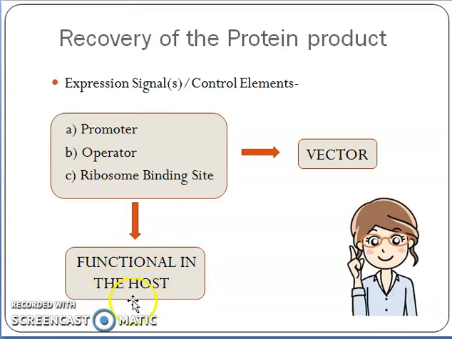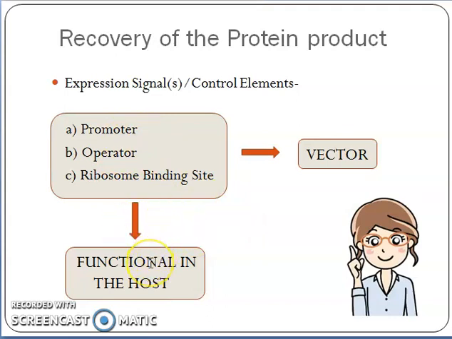If you are using a prokaryote as a host, you should use expression signals according to a prokaryotic organism. And if you are using a eukaryotic host, you have to choose the expression signals accordingly. Why? Because the expression signals of a prokaryote do not work in a eukaryote, and the expression signals of a eukaryote do not work in a prokaryote.